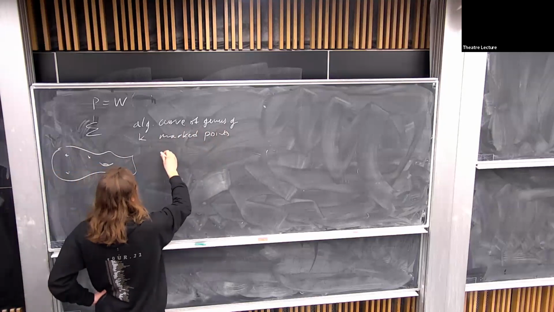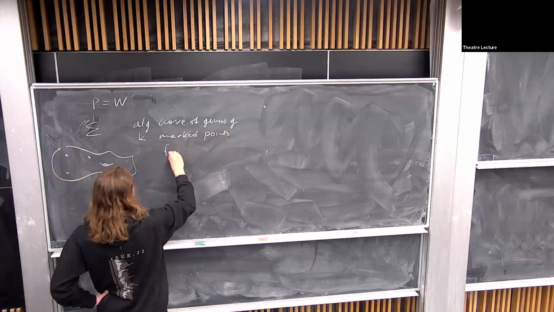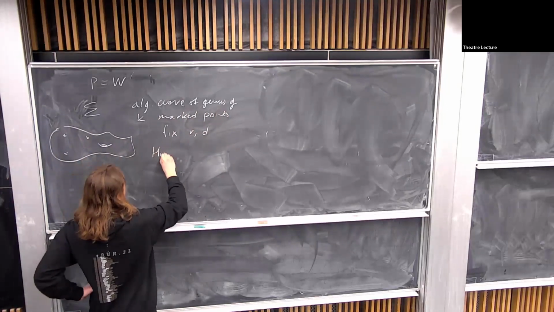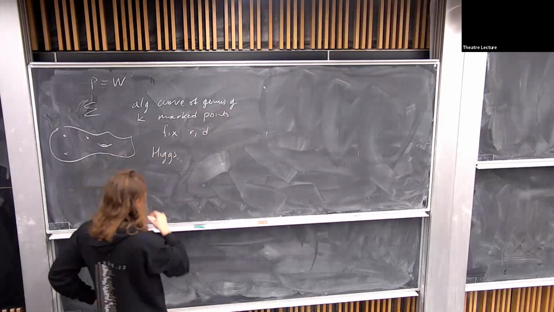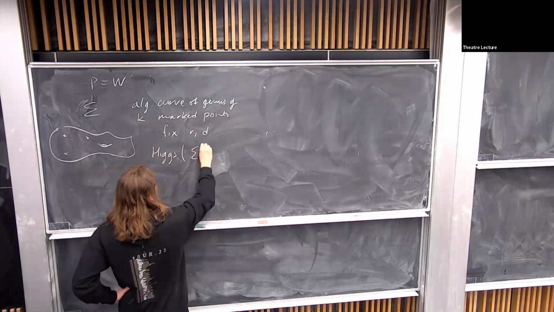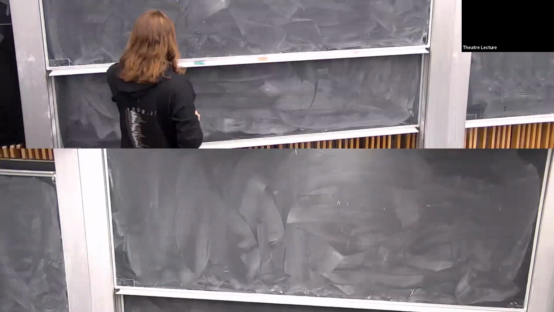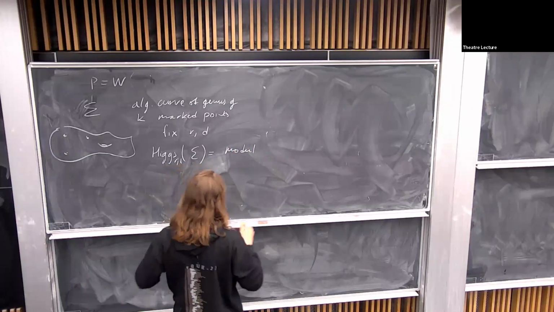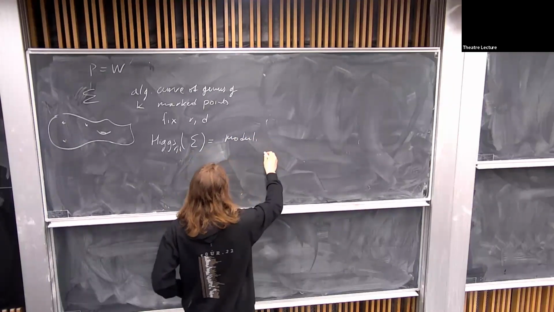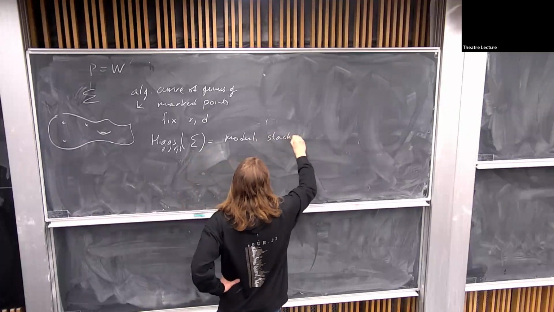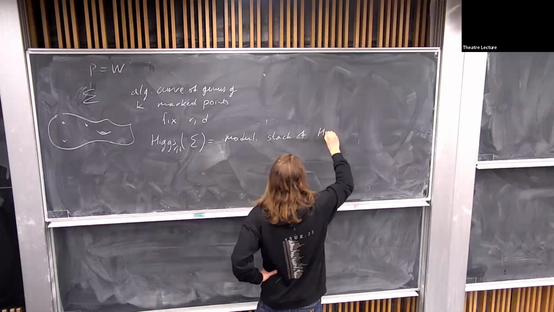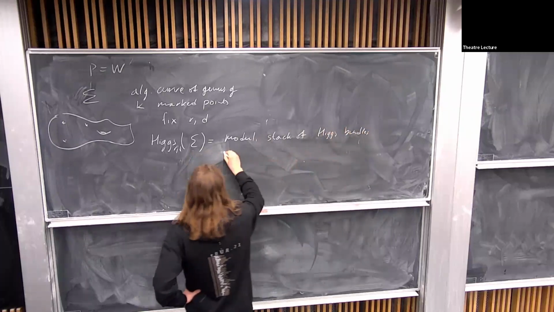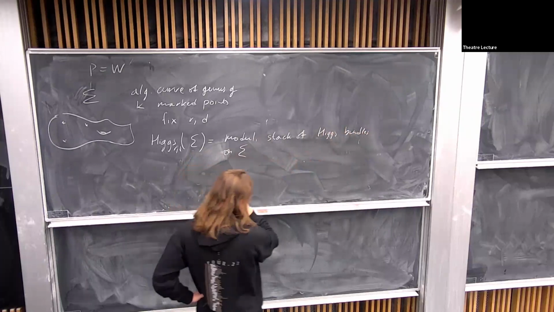And then we fix also rank and degree, and we look at this Higgs sigma R and D. So let's start with just some abstract, but we will be more complete later. Moduli stack of Higgs bundles on sigma.